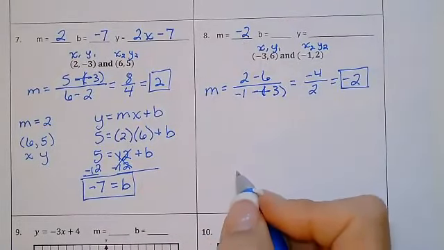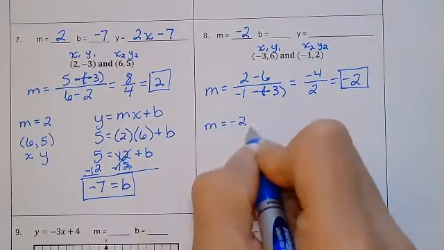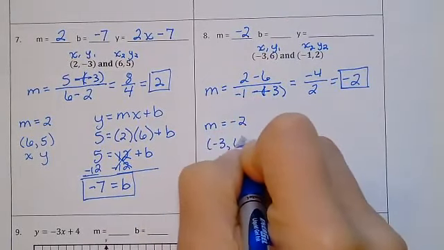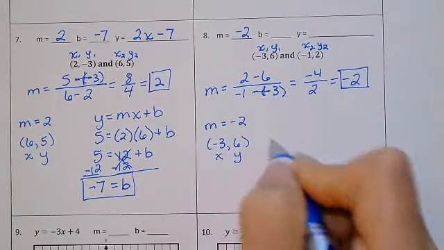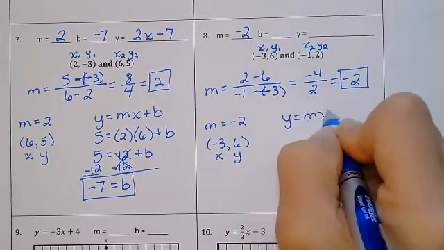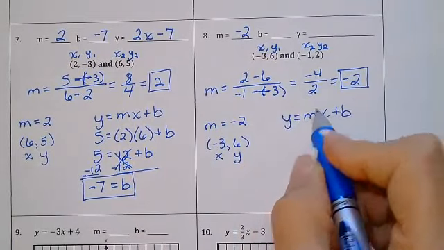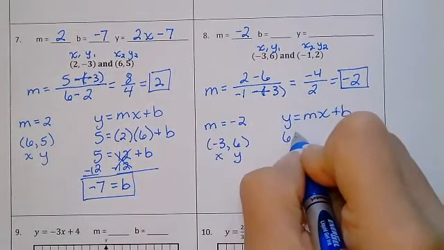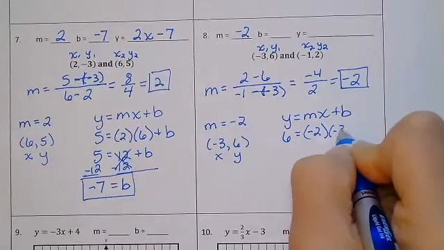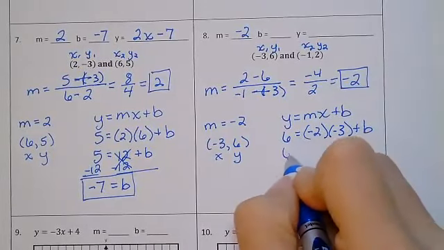Time to find b, our y-intercept. So m equals -2. I'm going to pick an ordered pair. Doesn't matter which one. Substitute those values into slope-intercept form. And solve.